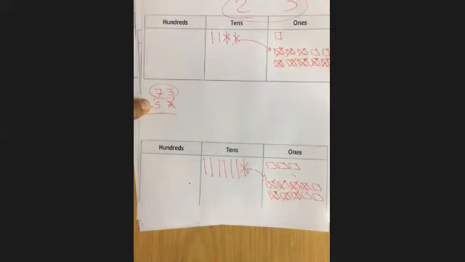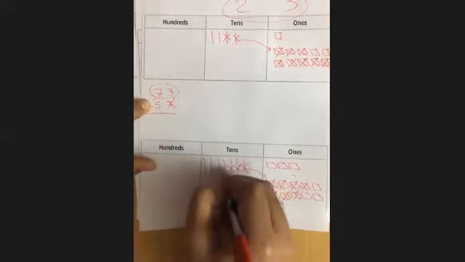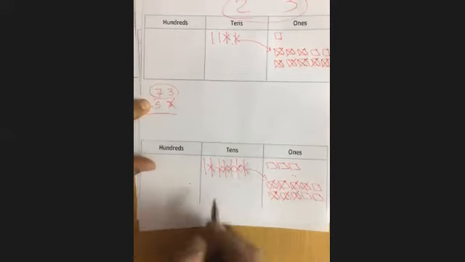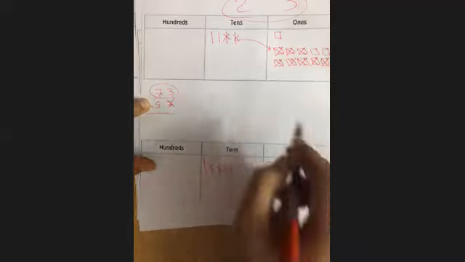We will cancel 5 lines. 1, 2, 3, 4, 5. So the final answer is 6 ones and 1 ten. 16. Yes.